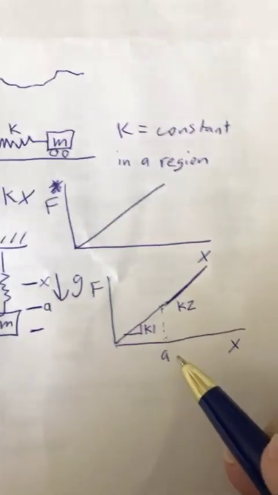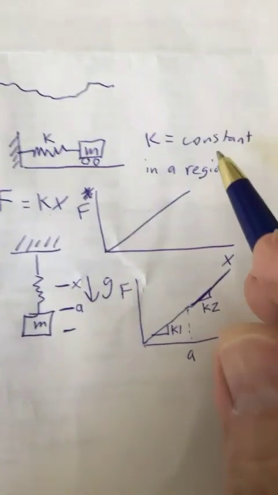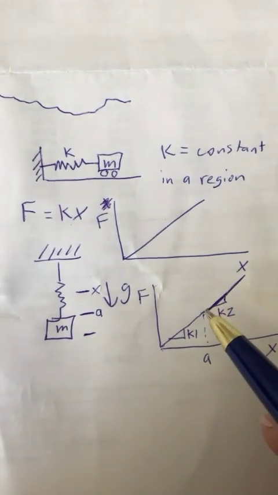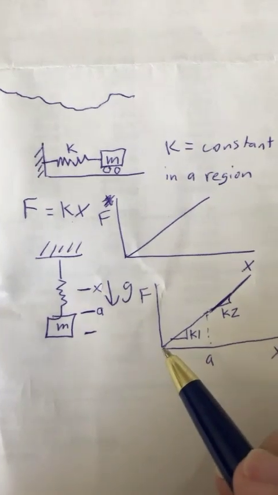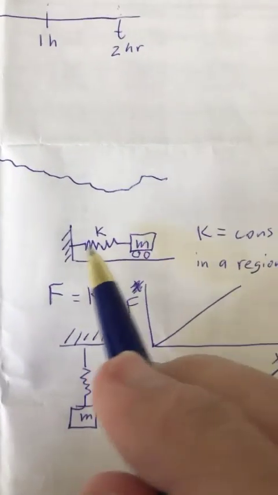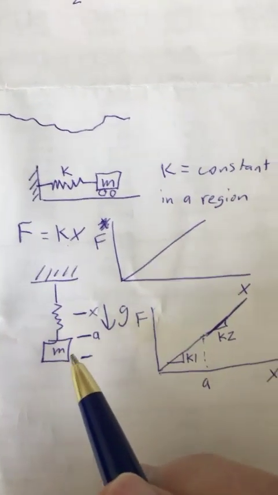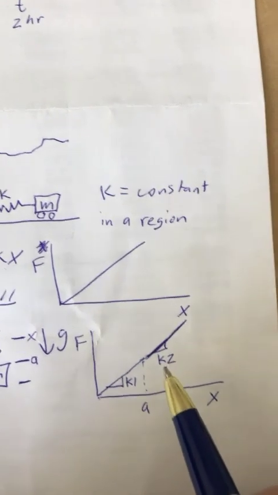So that can happen. You can have a change in the constant K if you're measuring the motion about this little point right here versus this point down here where it was just sliding on the ground. Now it's hanging and the spring has already been stretched out, so it might have a different constant, K2.